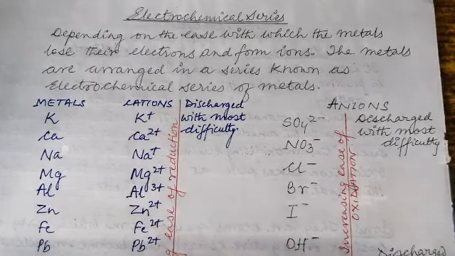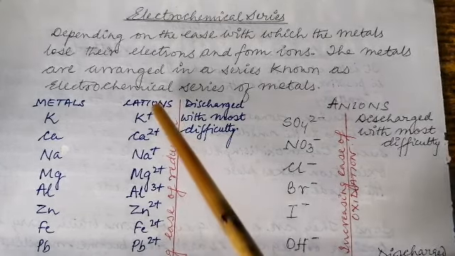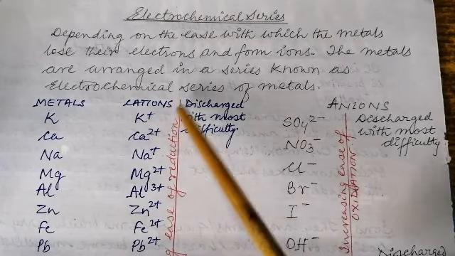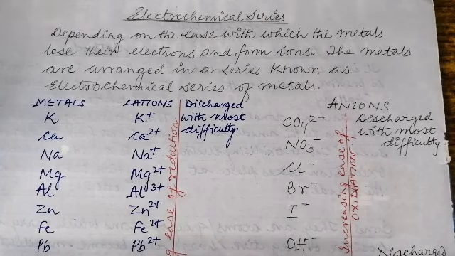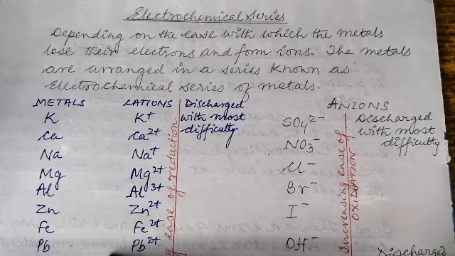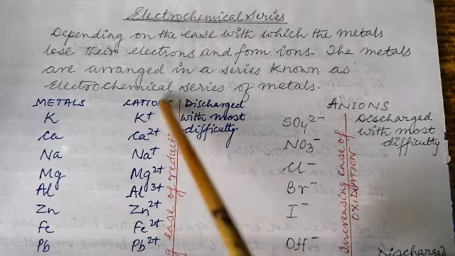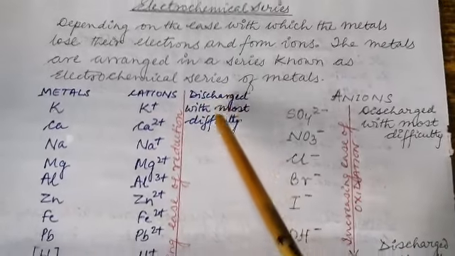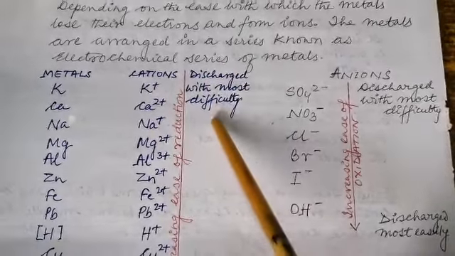So these are the ions arranged in the electrochemical series, and you can look at this arrow. It is arranged in such a way that increasing ease of reduction takes place. That means the ones at the top, those cations, get discharged with most difficulty.